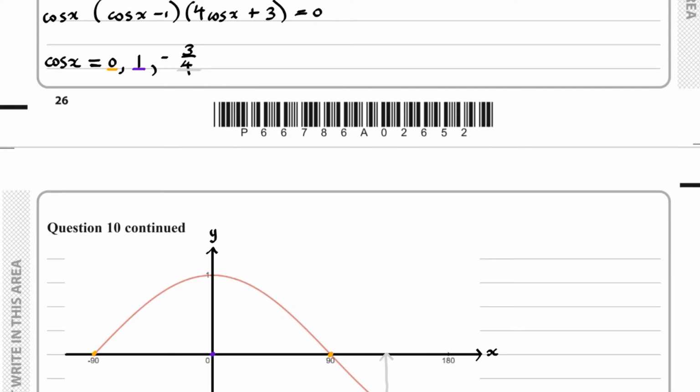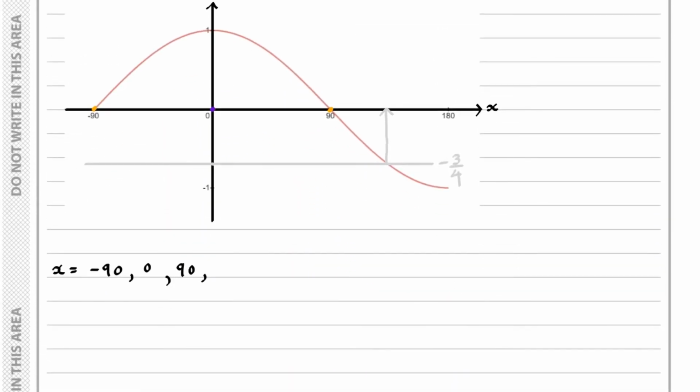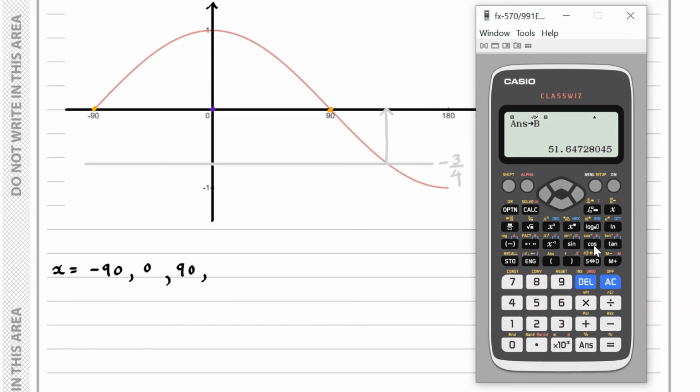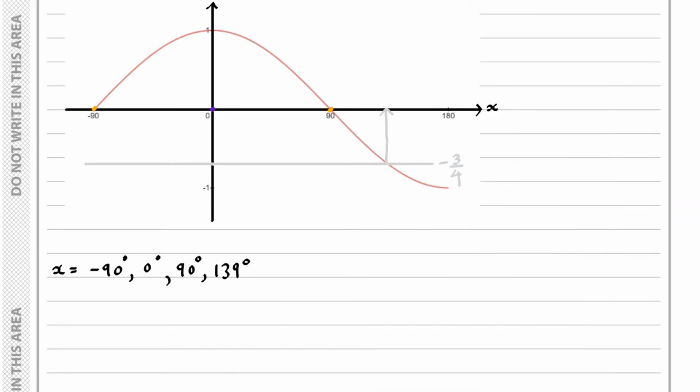We have over here the inverse cos. Make sure we're in degrees first. We have the inverse cos of minus 3/4, which is 139 degrees to the nearest whole number. Okay, so we have 90 degrees, 0 degrees, minus 90 degrees, and 139 degrees as our solutions of x.